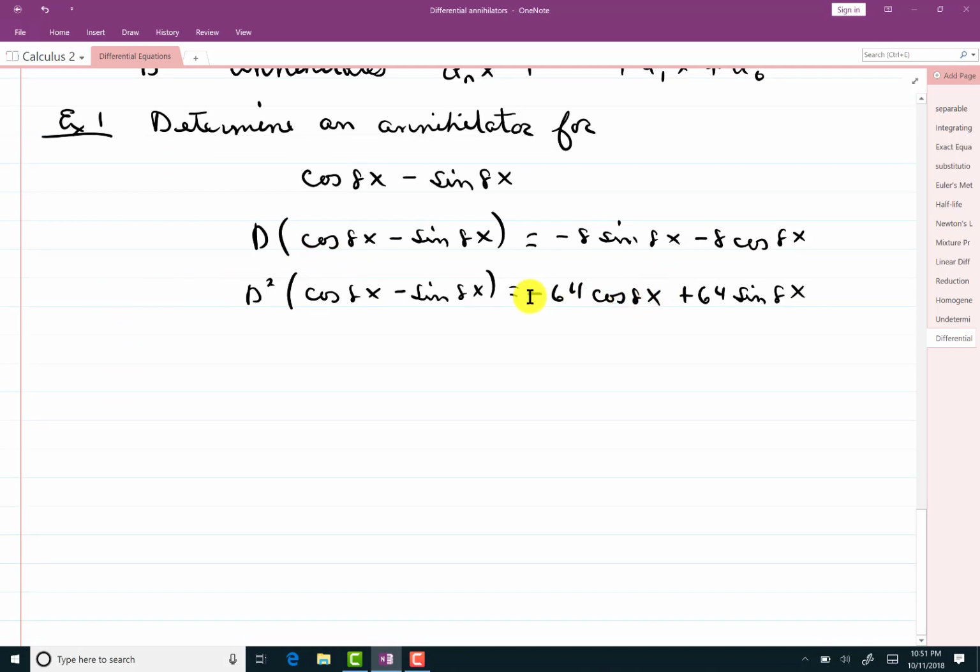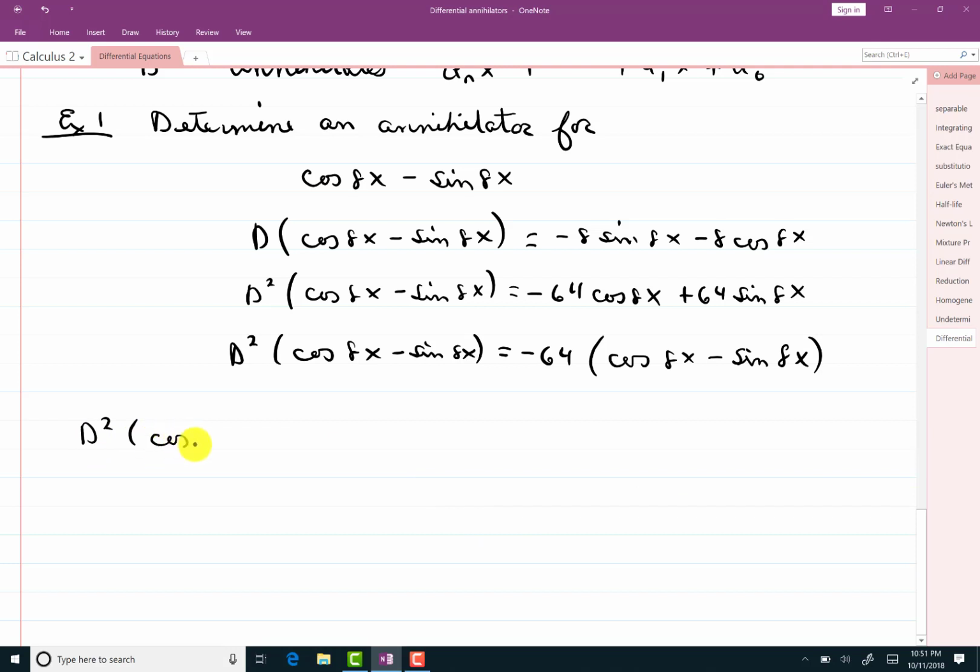And now let me factor out negative 64 from over there. Now if I add this 64 and all that other business to the left-hand side, I'll get d squared of cosine of 8x minus sine 8x plus 64 times cosine 8x minus sine 8x, and that equals 0.